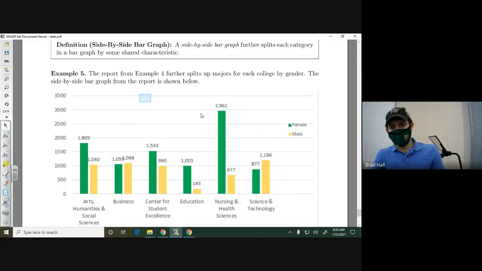So instead of looking at two separate bar graphs, which may even be scaled differently, this allows everything to be scaled the same way, everything put onto the same graph, and we can definitely see. I know stuff like this is used.